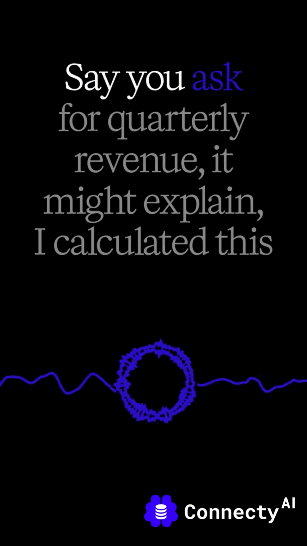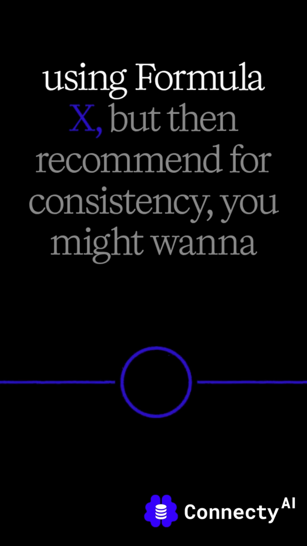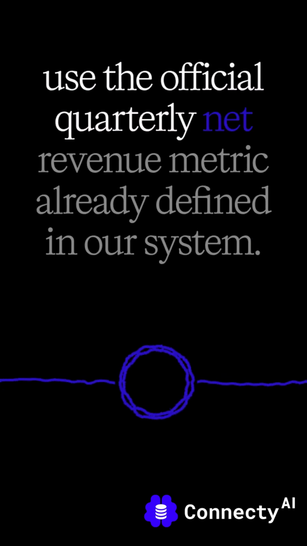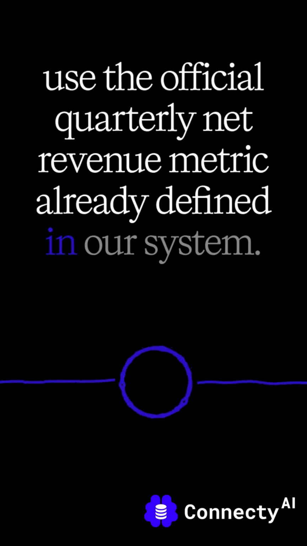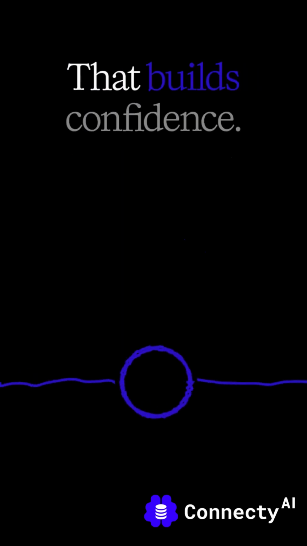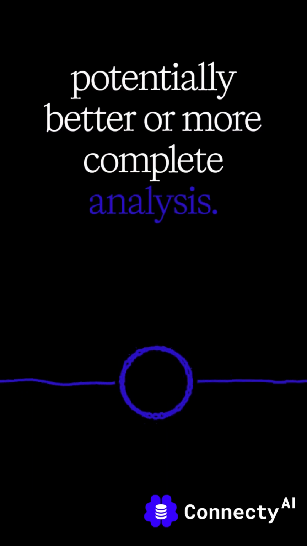Yeah, say you ask for quarterly revenue. It might explain, I calculated this using formula X, but then recommend for consistency, you might want to use the official quarterly net revenue metric already defined in our system. So it points you towards established business logic too. That builds confidence. Exactly. You understand the choices and you get nudged towards potentially better or more complete analysis.